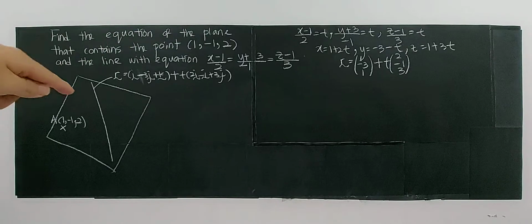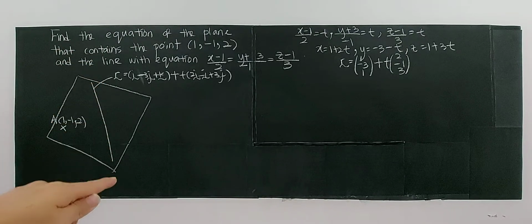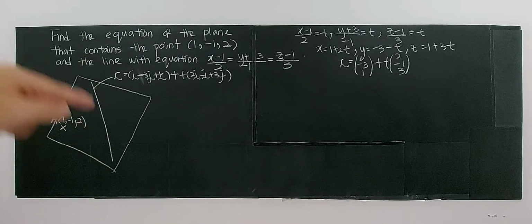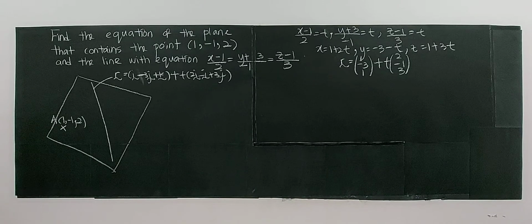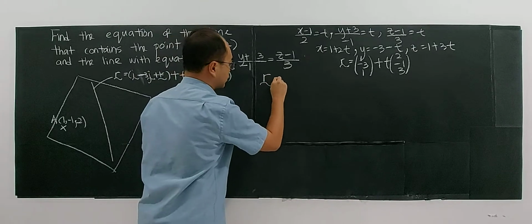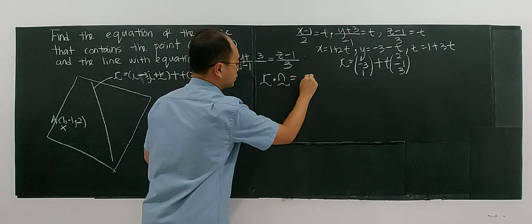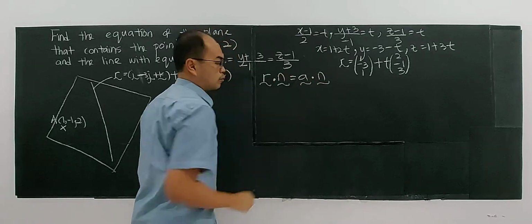The equation of the plane contains a point and contains the line, which means the line is not perpendicular or parallel; the line is actually on the plane. So the problem here is that we have to find the equation of the plane, for which we need two pieces of information: one is a point on the plane and one is the normal of the plane.